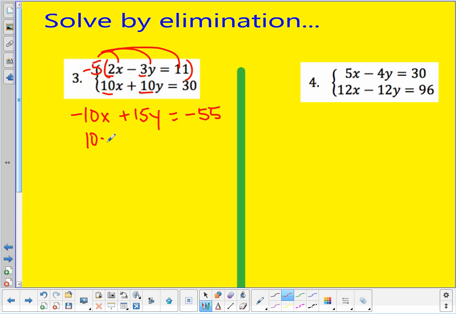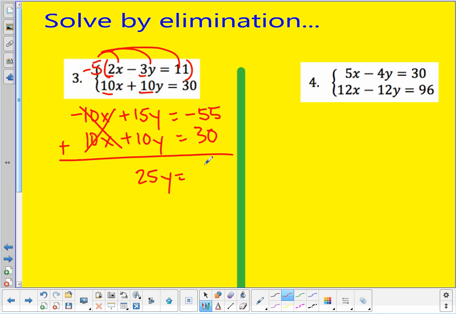And then 10x plus 10y is equal to 30. Now I'm ready to combine. My x terms drop out. I have, oh gosh, 25y is equal to negative 25. Divide by 25, and I get y is equal to negative 1.